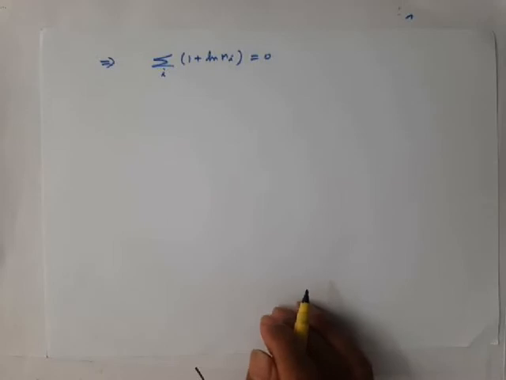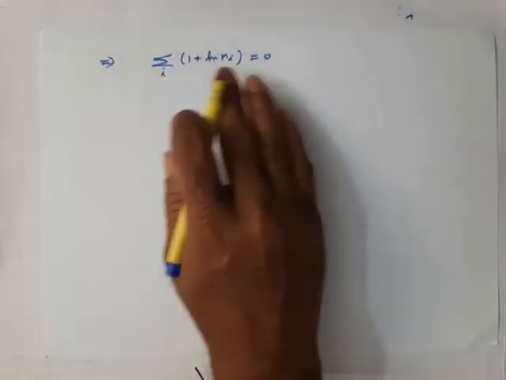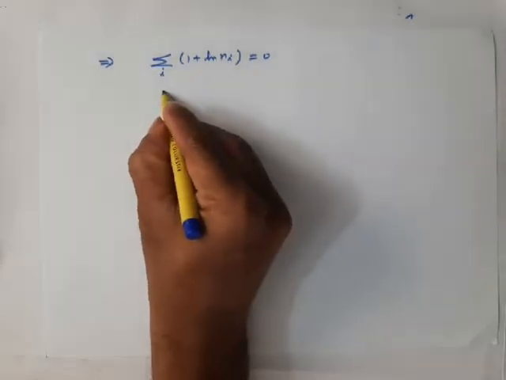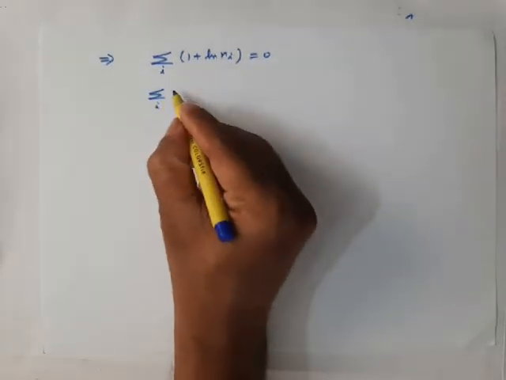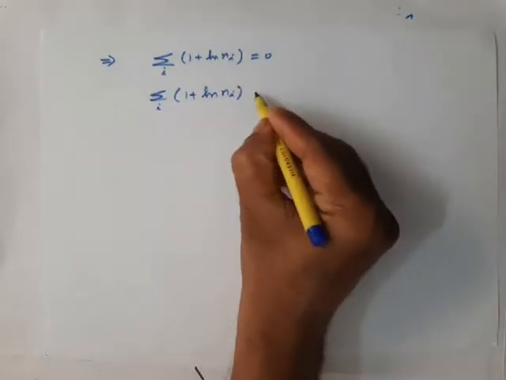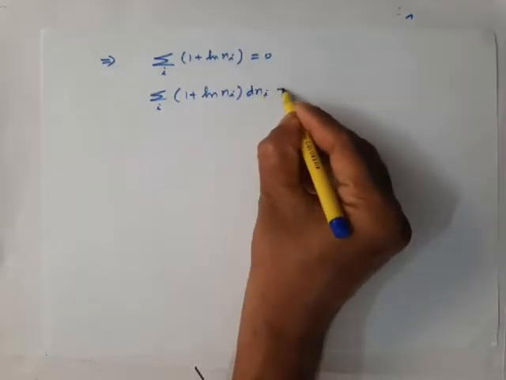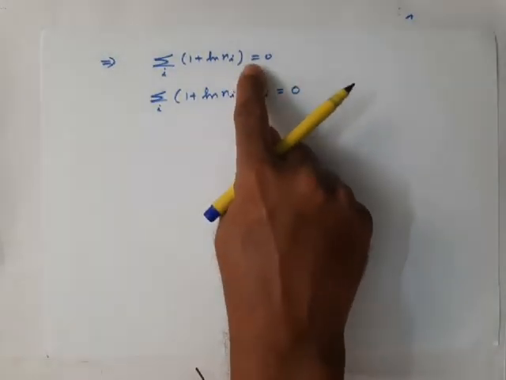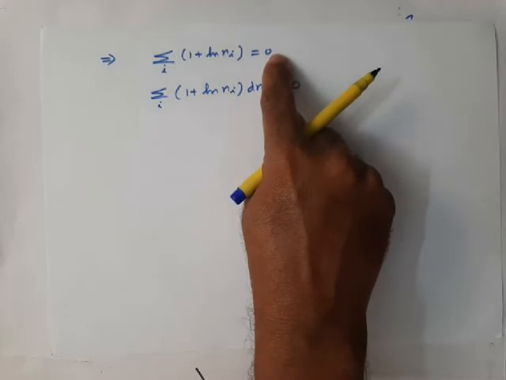See, what I am going to do, I am going to multiply both sides by dni. So if I multiply, I will get summation over i of 1 plus ln ni into dni equal to 0. If I multiply both sides by dni, I will get dni here. Right hand side, 0 into dni is 0.